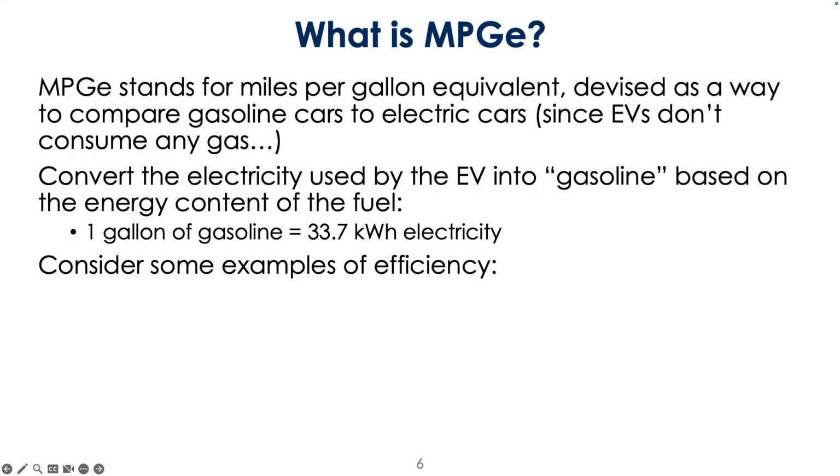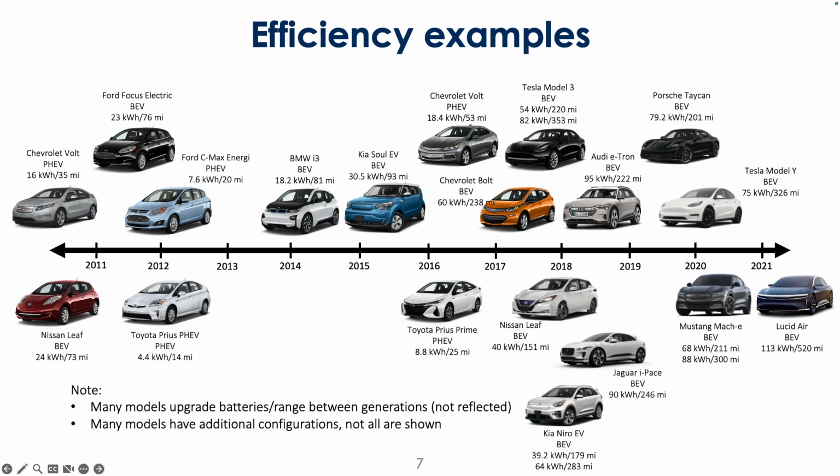This particular number just assumes that there's no losses. So it's going to overinflate what the actual MPGE is when we think about how efficiency plays a role, right? Because it basically assumes that the gasoline is fully converted into electricity, essentially. So let me get back to that, because we're going to talk about that in more detail in a second.